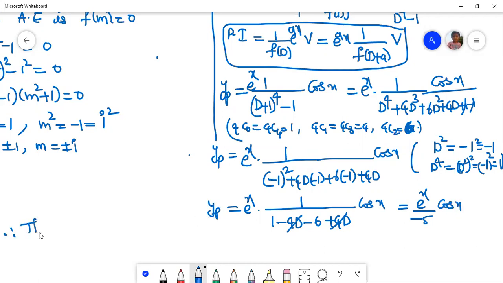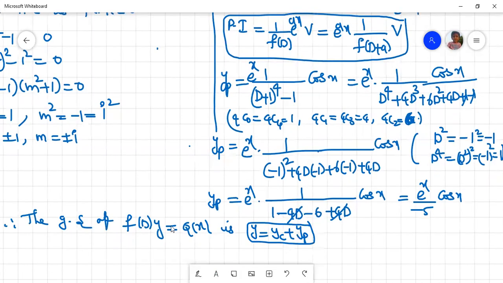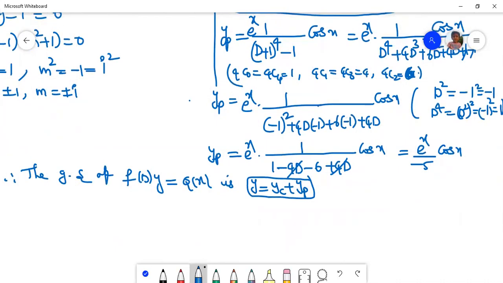Therefore, the general solution of f of D into y is equal to q of x is y equal to yc plus yp. Here y is equal to yc, which is c1 e power x plus c2 e power minus x plus c3 cos x plus c4 sin x.